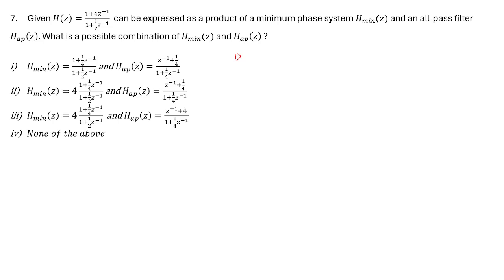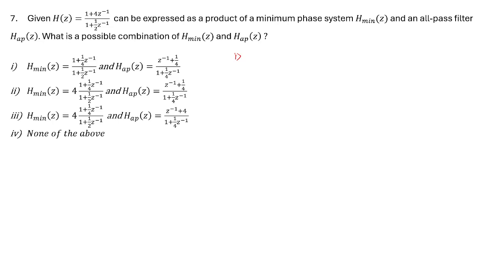If that criterion is satisfied, meaning the decomposition is correct, only then we move to checking the following criteria: whether H min of z is a minimum phase system or not, or H AP of z is an all pass filter or not. The first sanity check is for that only.